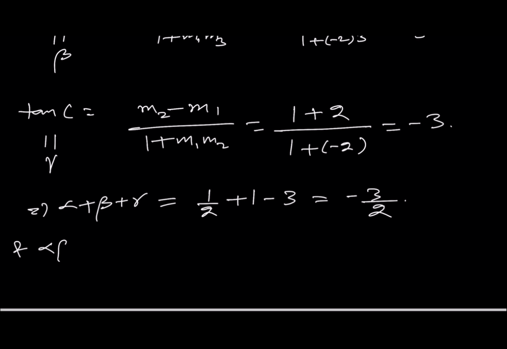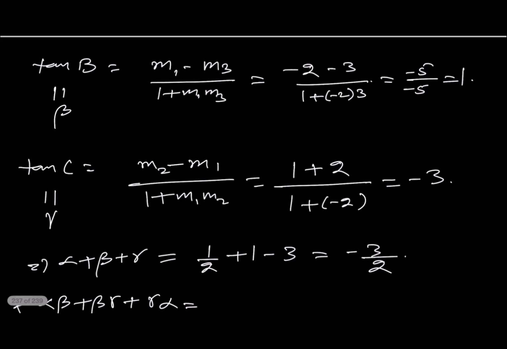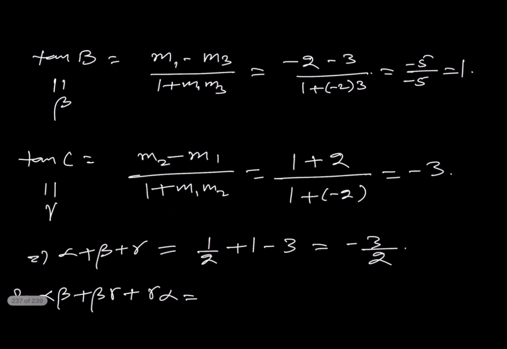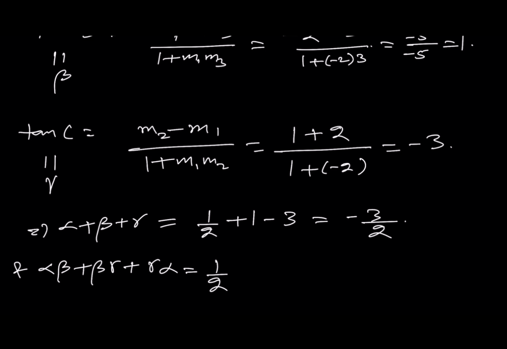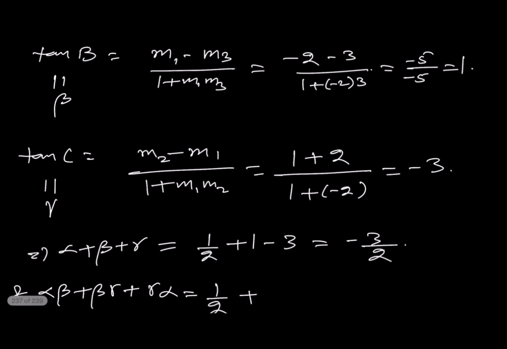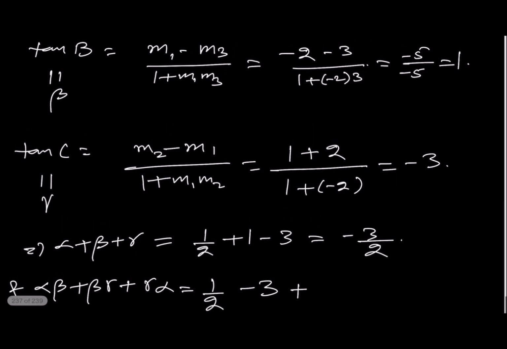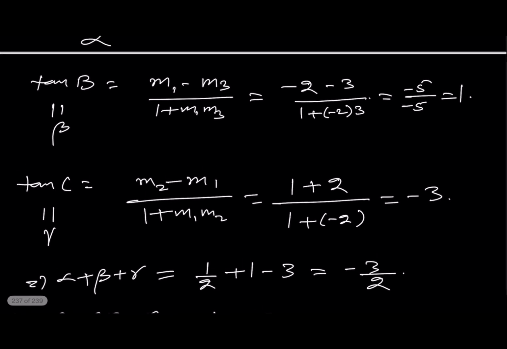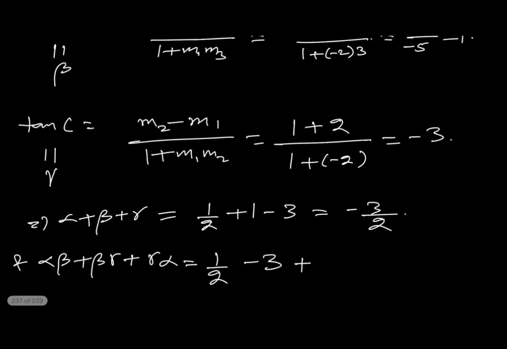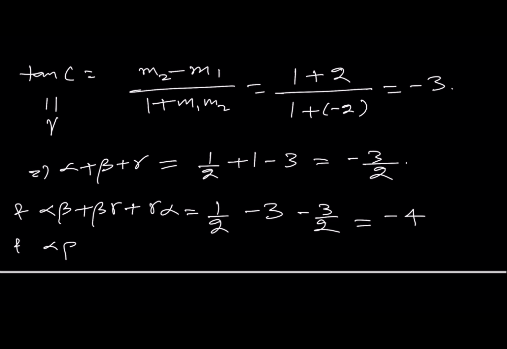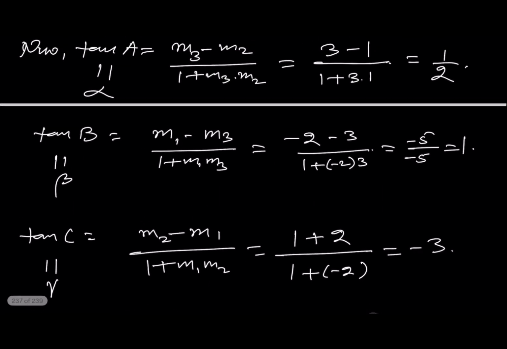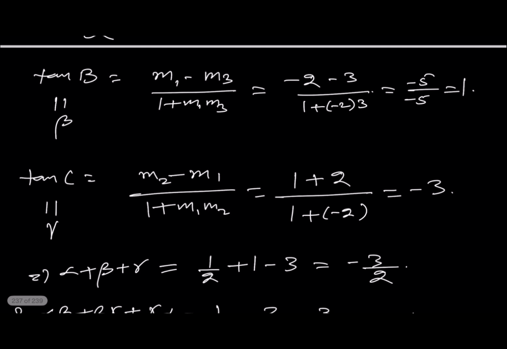Alpha beta plus beta gamma plus gamma alpha is 1 by 2 plus minus 3 plus minus 3 by 2, which becomes minus 4. And alpha beta gamma is minus 3 by 2.